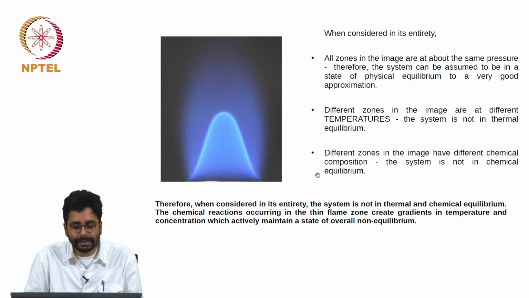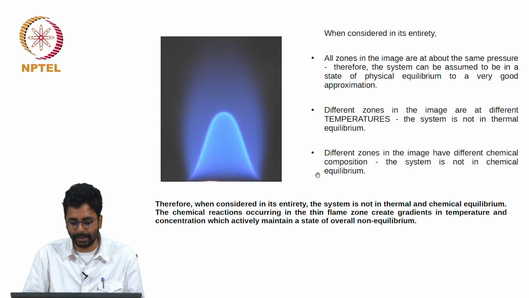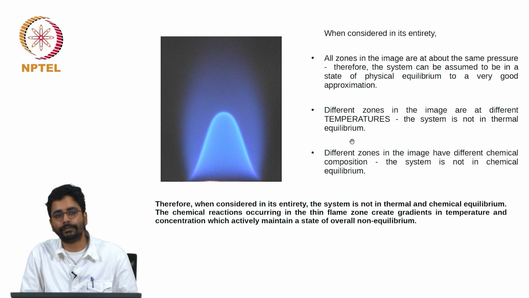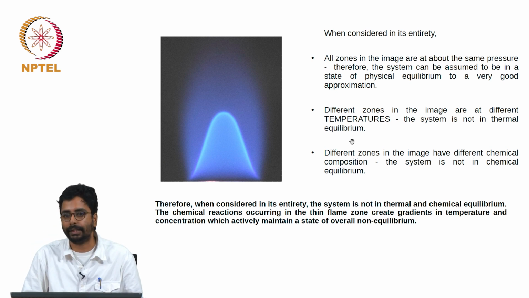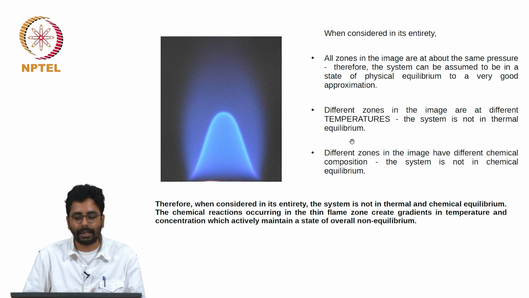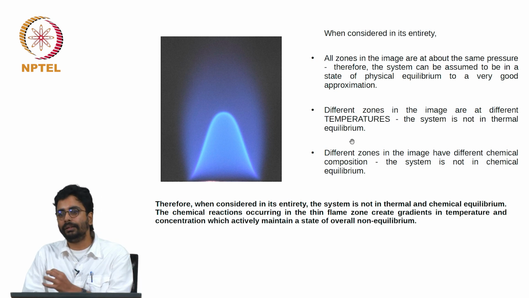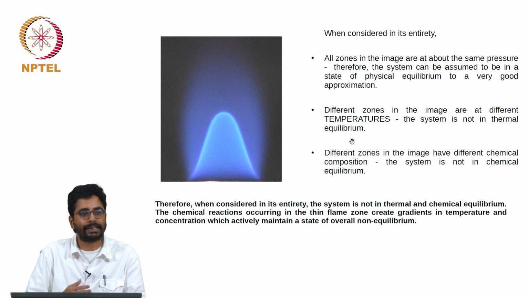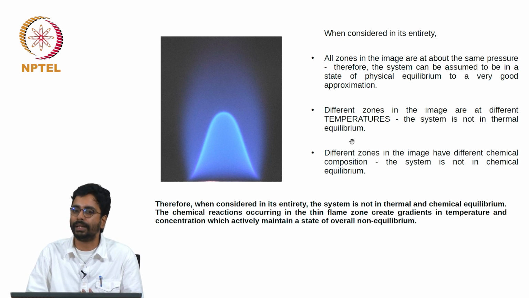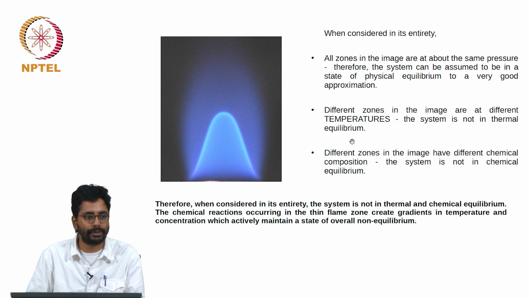When considered in its entirety as a full system, all zones in the image that you see are at about the same pressure. It is a jet of premixed methane and air issuing into open atmosphere, and therefore the pressure everywhere is roughly the same, except for small differences in pressure that are required to establish the flow, which are a few pascals at maximum, compared to the atmospheric pressure of 100,000 pascals.